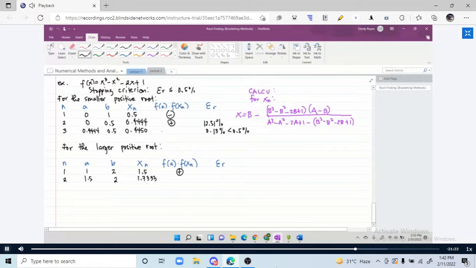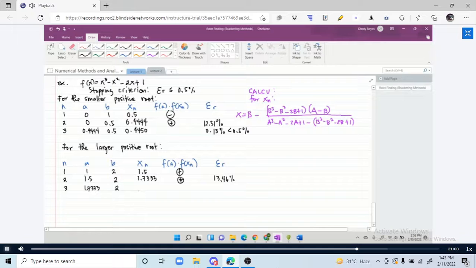Okay. Positive. I think this is 13.46 and not 45, 46%. Okay, so positive ito, we have to change the value of A again to 1.7333. And B will remain 2 in the third iteration.